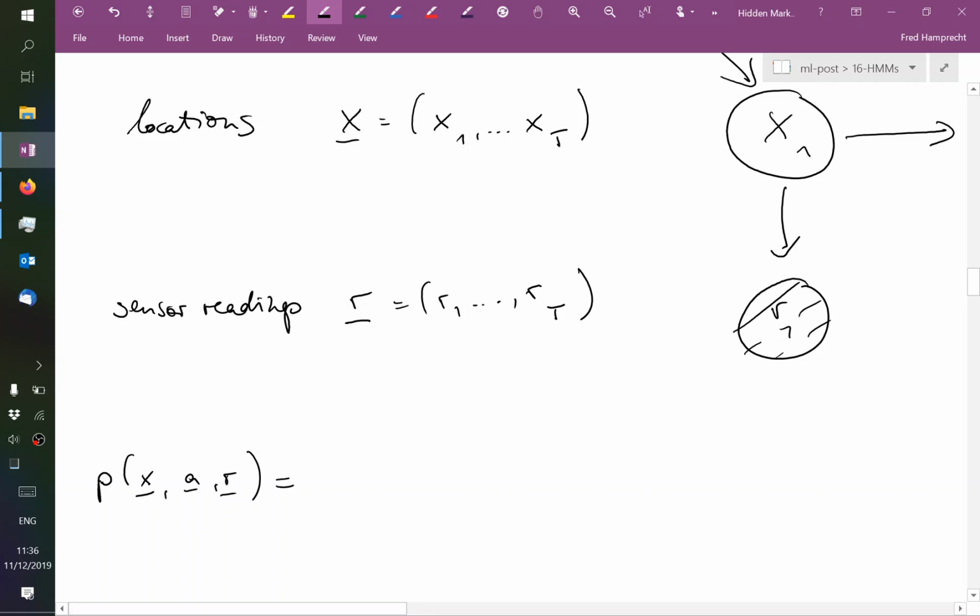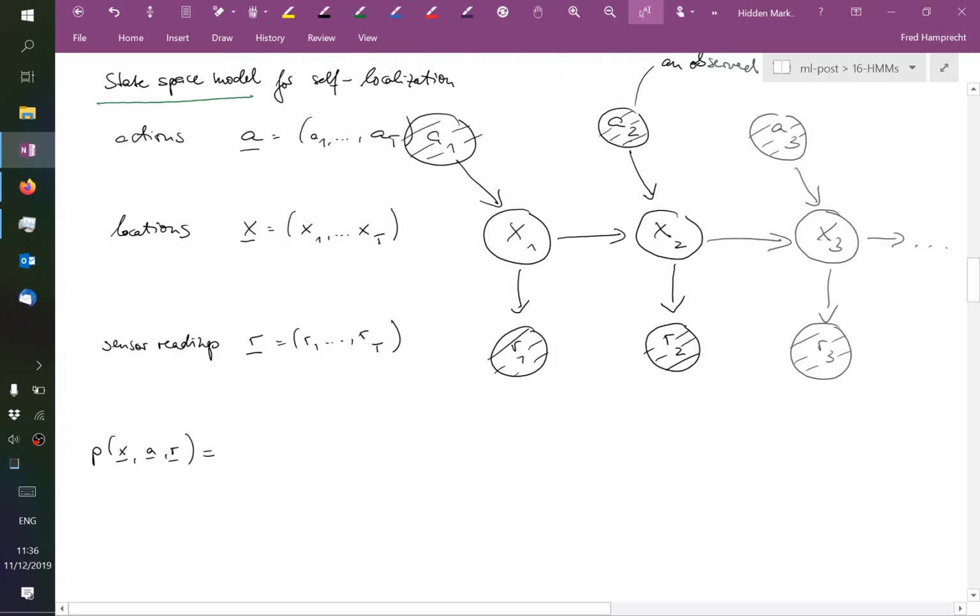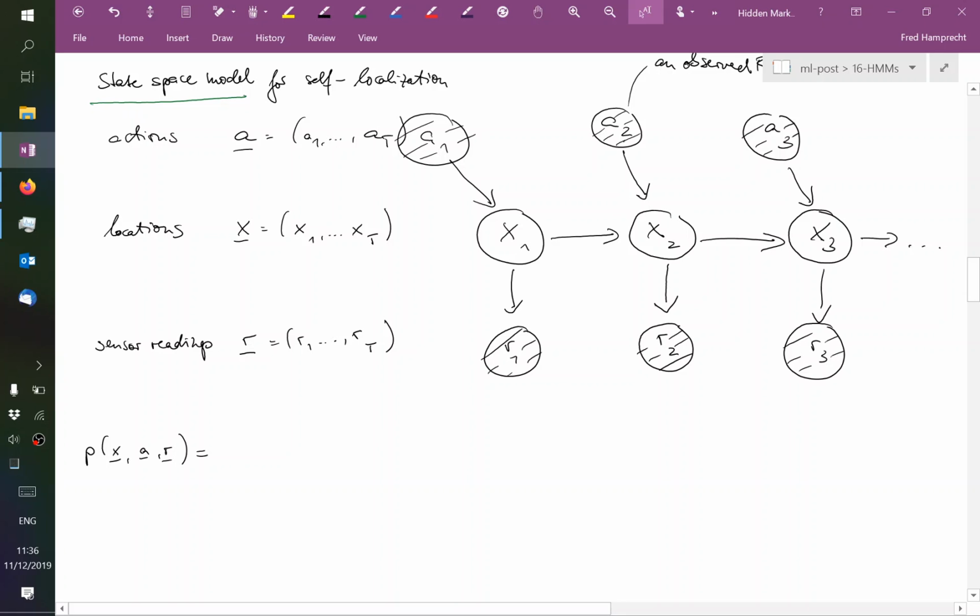Well, now given what we've learned about probabilistic graphical models, maybe you don't want to copy it, I'll write it explicitly once and then give you the more generic formula.